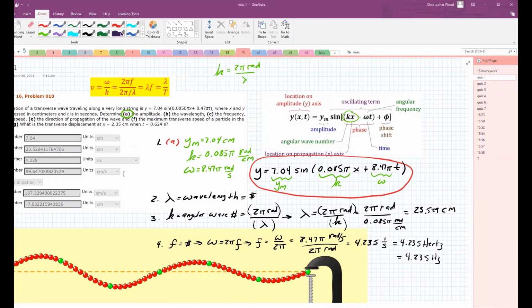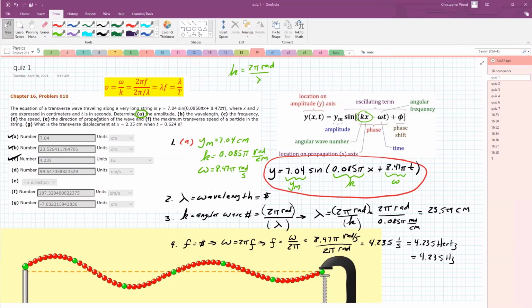This is the chapter 16 notes. Here's a section I'm talking about.